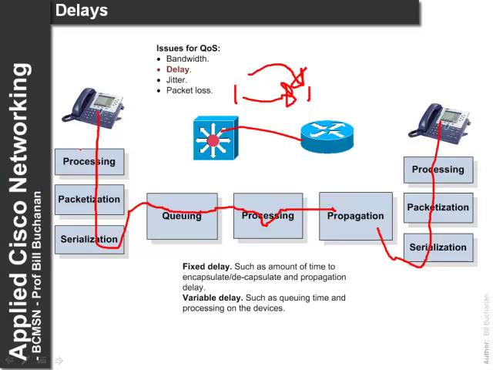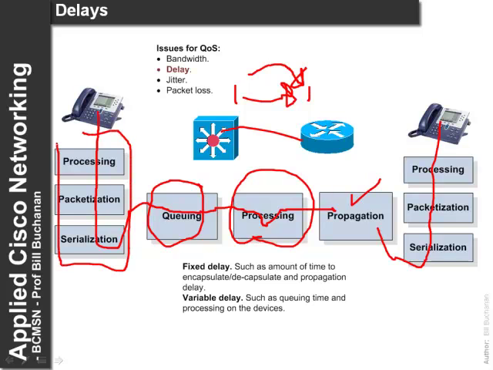The fixed delays are typically the time to propagate. It tends to be fairly fixed, but the time in queues can be variable depending on the number of data packets on the network. Also, the time taken to process will also be fairly variable.